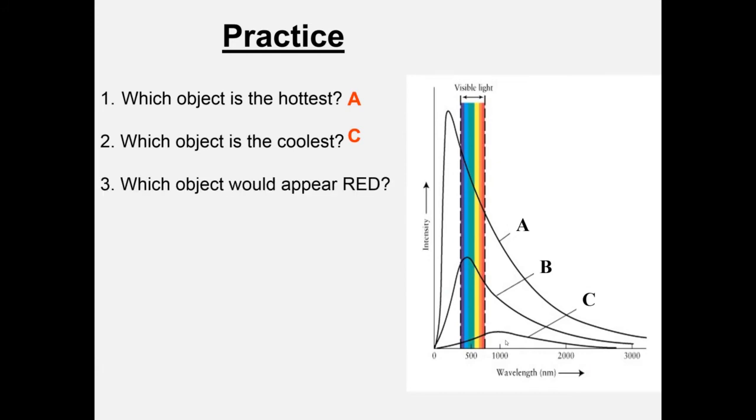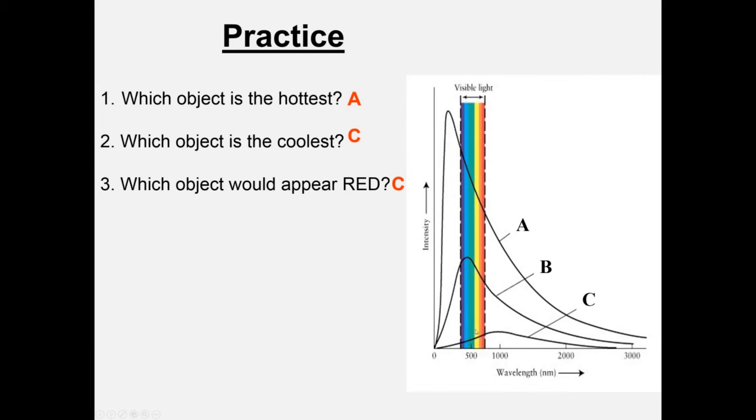Which would appear red? That's a good question. Which would appear red to our eyes? And consider our eyes are only seeing the visible part of the spectrum, so think about what it's putting out in the visible part of the spectrum. Which star would appear red? Star C. Look at star C. It's putting out more red than blue.